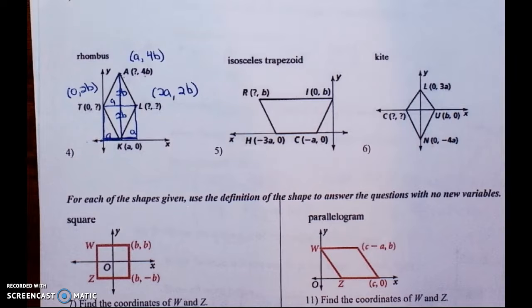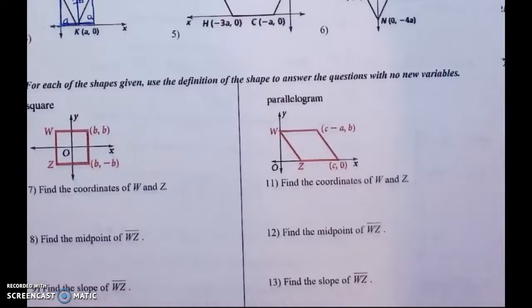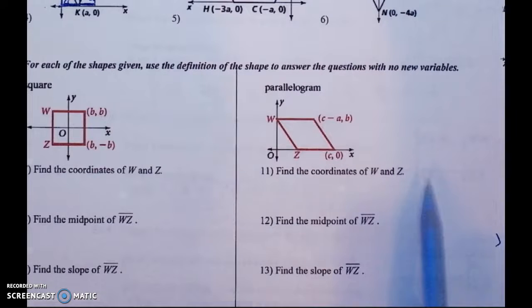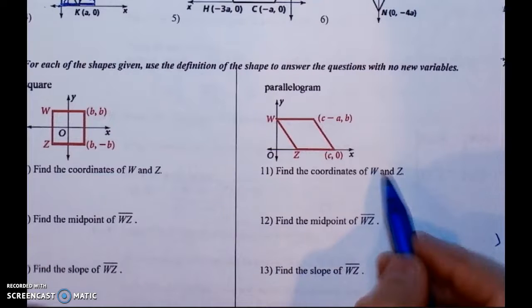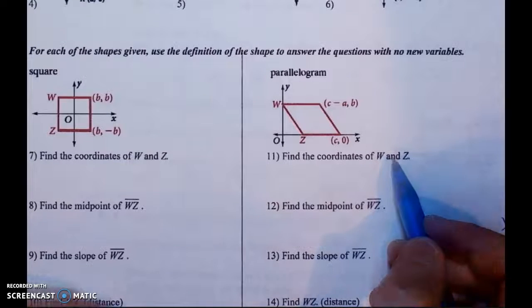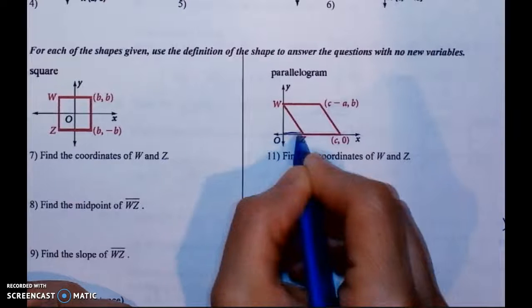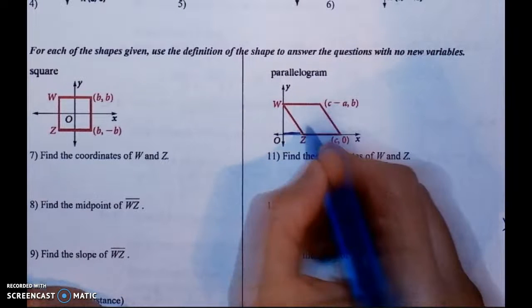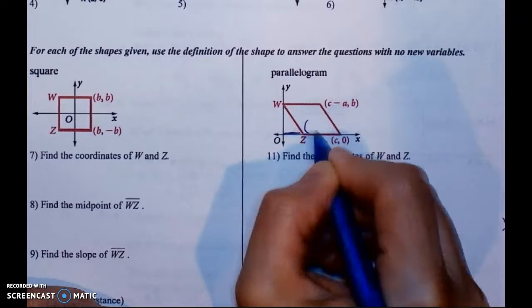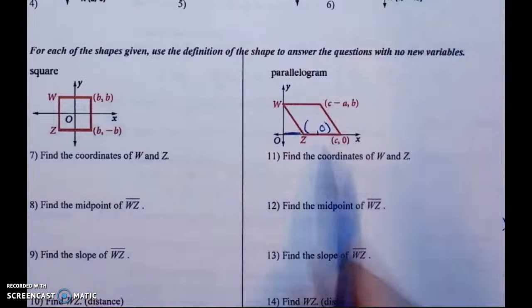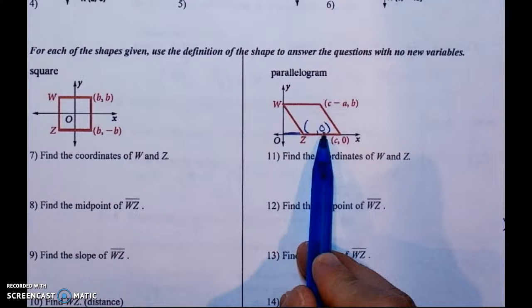I'm going to go down to number 11 because if we can't get the coordinates of W and Z, that makes everything else difficult here. Let's go find the coordinates of point Z. First of all, notice you're moving out this distance and you're not moving any up or down. That at least lets me know my Y coordinate is 0.